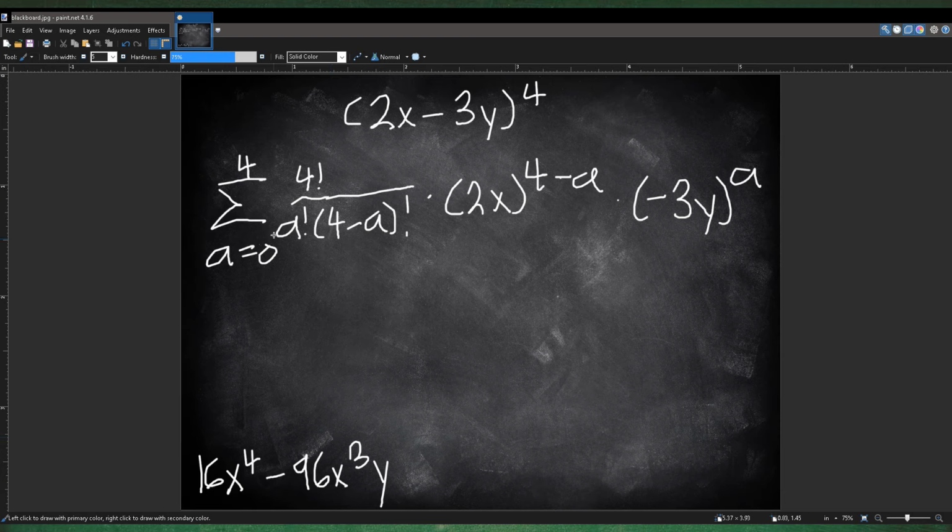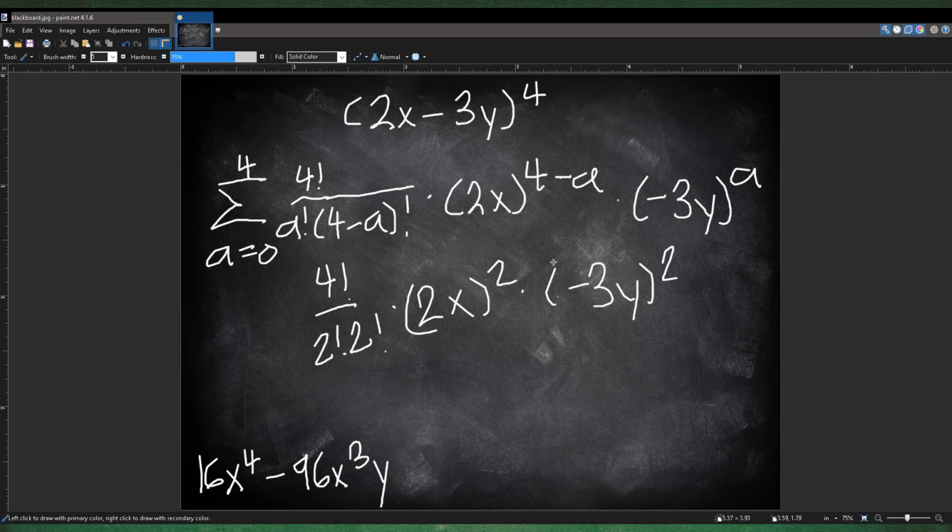And then we have when a is equal to 2 now, basically. So now we have 4 factorial over 2 factorial over 2 factorial times 2x to the power of 2 times negative 3y to the power of 2. So now 4 factorial over 2 factorial over 2 factorial. So 4 times 3 times 2 times 1 over 2 times 1 times 2 times 1. So these numbers cancel with this one, and the 2 here could take out the 2 from here.